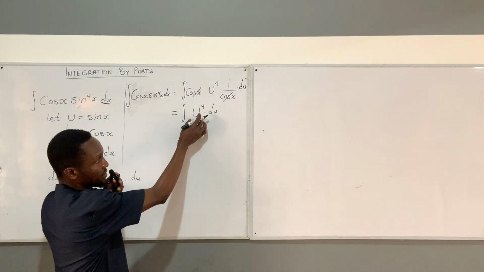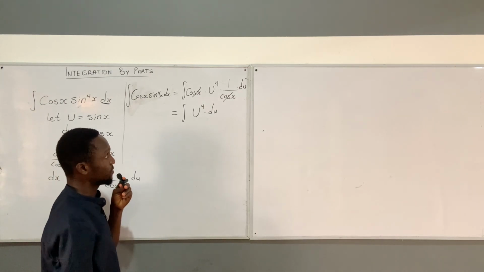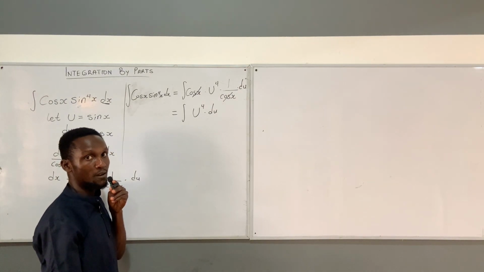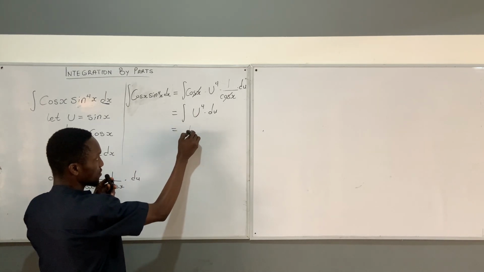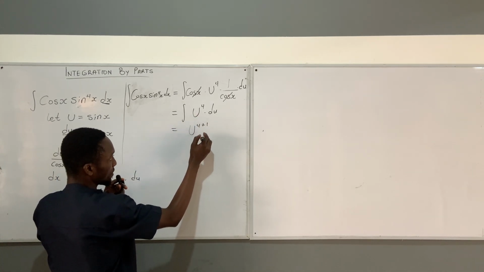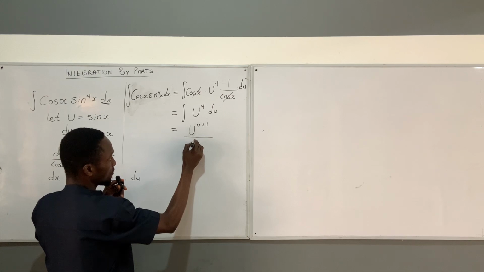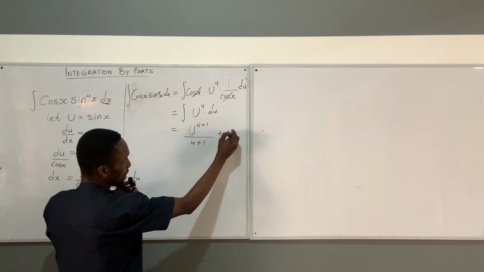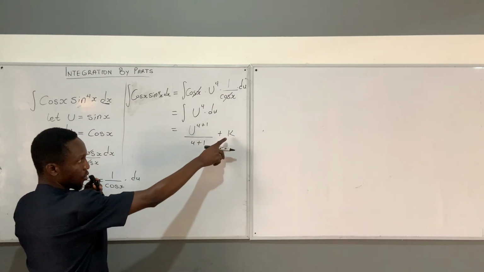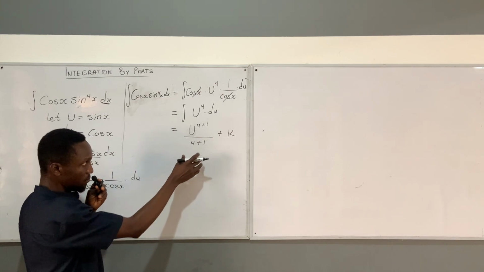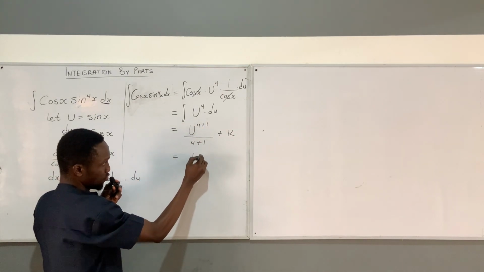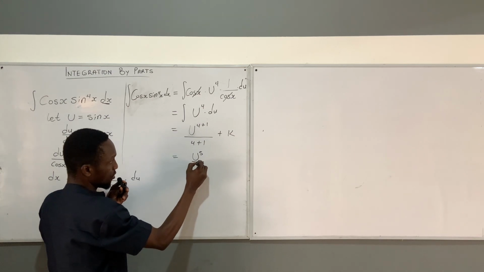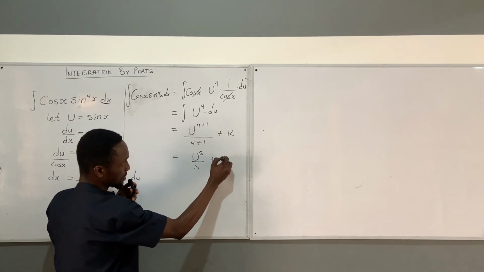When I integrate this u, what do I have? I have u to the power 5 over 5. The integral of this is going to give us u to the power 4 plus 1 divided by 4 plus 1, plus k, the constant of integration. You don't need to write this step. You were supposed to go straight to u to the power 5 all divided by 5, plus k.